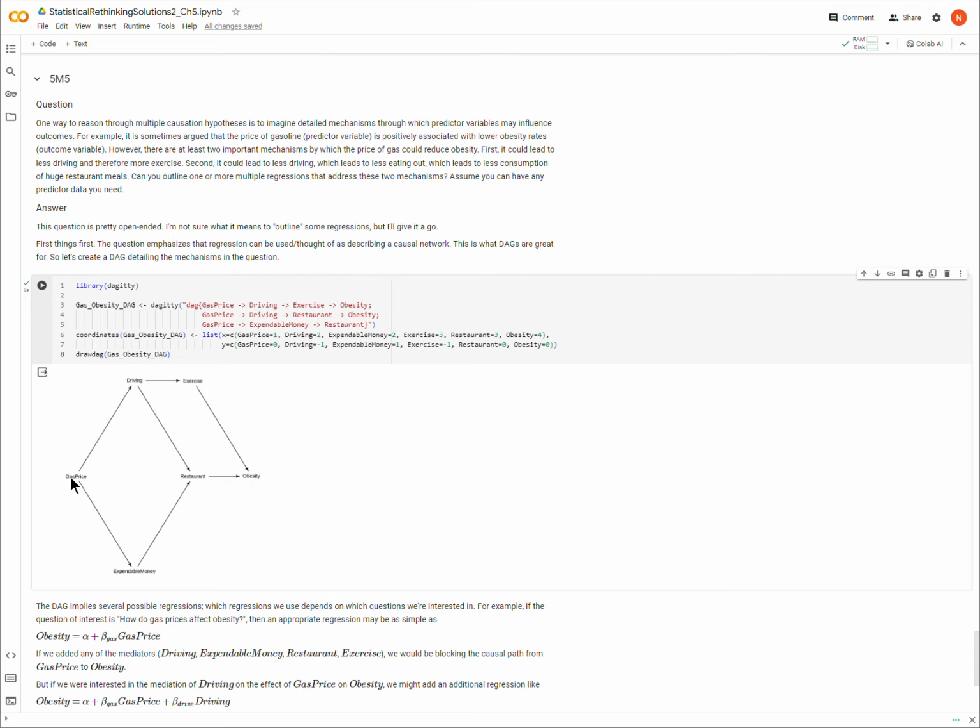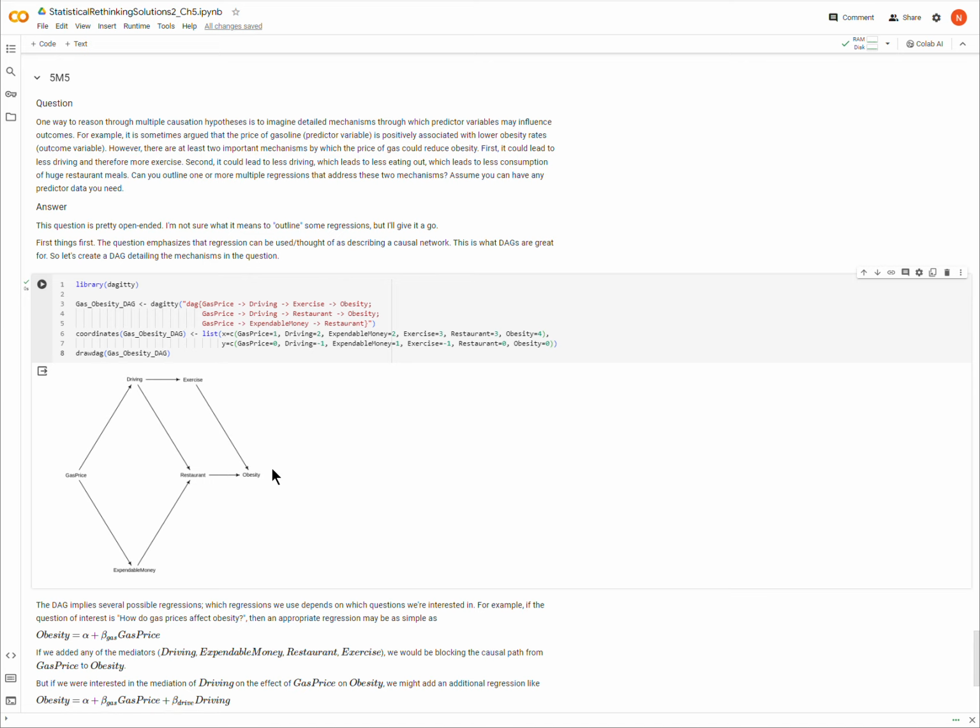Also, this part right here wasn't really detailed in the question, and I'm just putting it in there, but presumably if gas prices are higher, the amount of expendable income that people have for anything is decreased, and that might decrease their restaurant attendance.